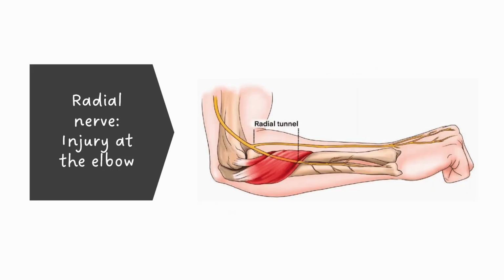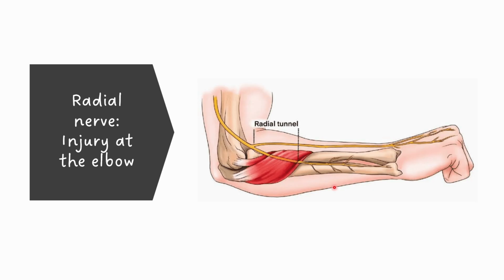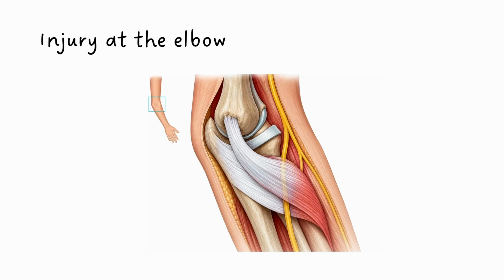The site of injury is at the elbow, where the deep branch, the posterior interosseous nerve, passes through the supinator muscle. This can be compressed here sometimes from a radial head fracture or from repetitive forearm movements. The compression of the radial nerve at the elbow may also be caused by fibrous bands which can tether the radial nerve to the radiohumeral joint.